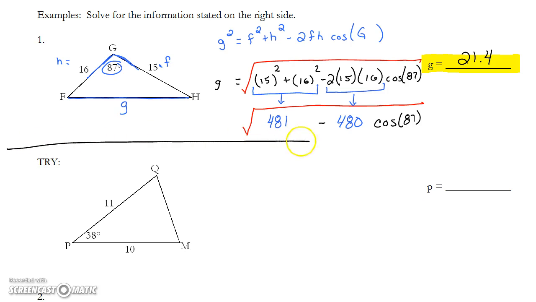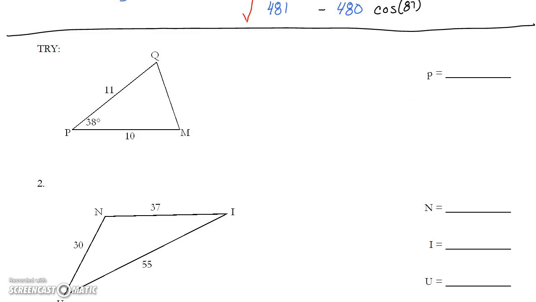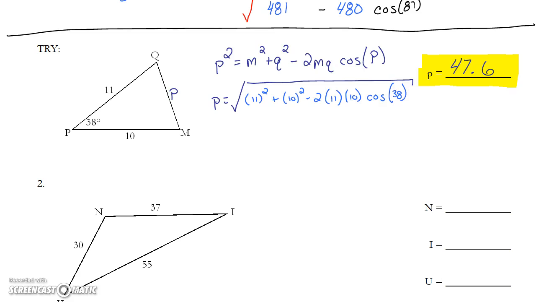Go ahead and try our next example, please. Hit pause. When you're done, unpause to check your work. No cheating. Hit pause and try it. And we should get that side length P is equal to 47.6.